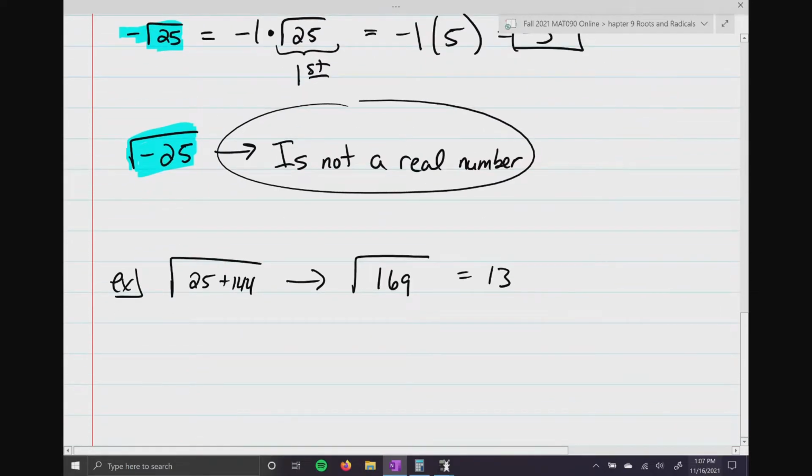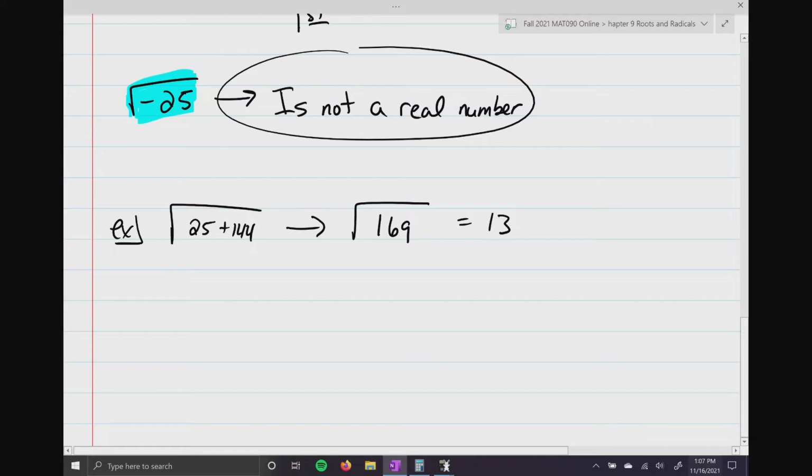The thing to remember here is this: the square root of 25 plus the square root of 144 does not equal the square root of 25 plus 144. We know on the right-hand side we get 13.